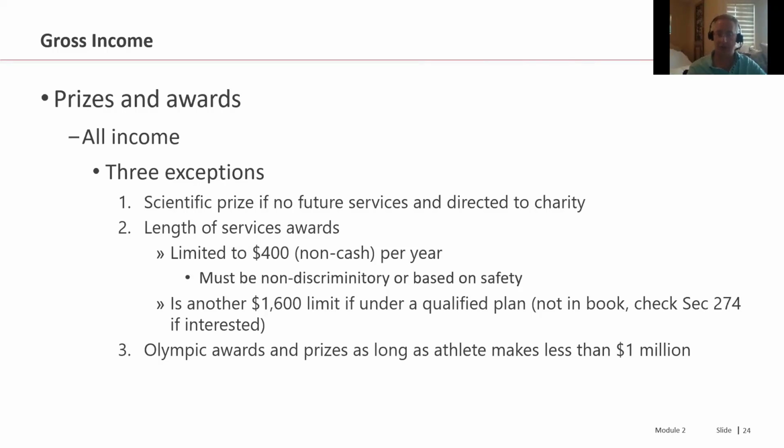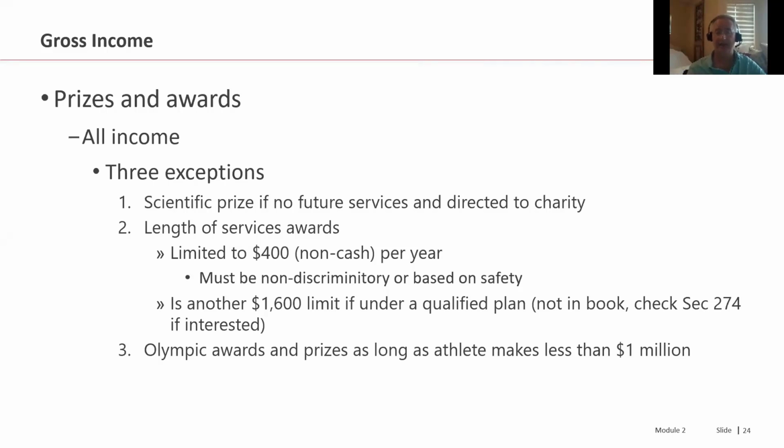It must be non-discriminatory, which means it can't only be for high paid income people, and it could be based on a safety program. So if you develop an actual qualified plan, you can actually give away up to $1,600, again, not cash, and the individual who receives it does not have to include it in their income.